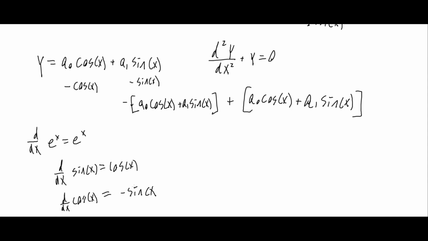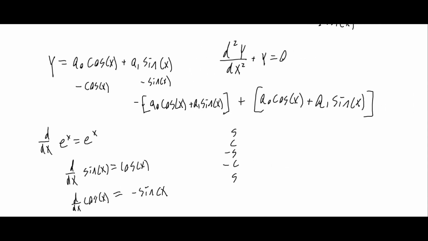So if you take the derivative of this, then you get minus cosine of x. Take the derivative of that, it goes back to sine of x. So you have that alternating sine to cosine to minus cosine to sine, and so it just repeats over and over. And so these sort of repeating function to derivative things like this is something that you find a lot in differential equations because it satisfies so many differential equations.